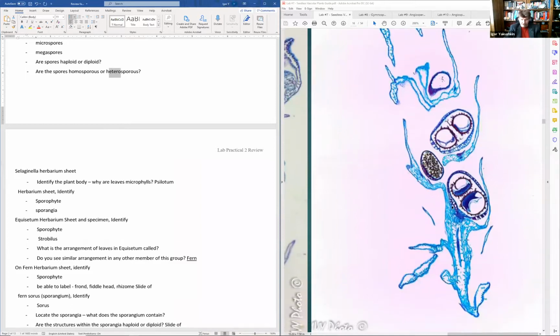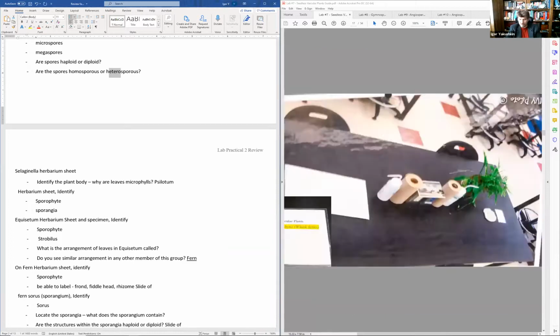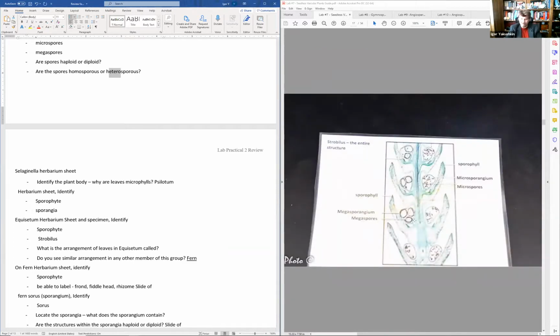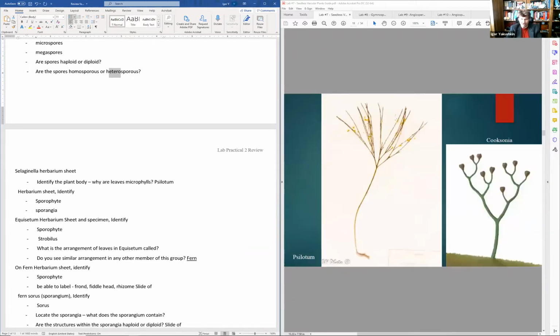All right, let's take a look. What else do we have? So Selaginella showing the microsporangium, megasporangium. Now this guy right here is something known as a whisk fern. Make sure you understand that. It's a very interesting plant because it resembles, it's not it, but it resembles one of the first plants we were ever able to discover, at least the fossils of the plant known as Cooksonia.